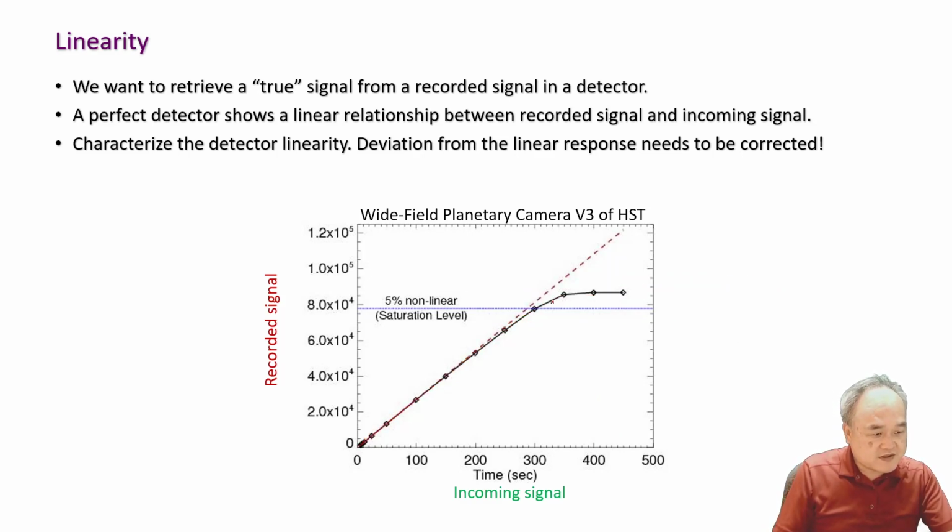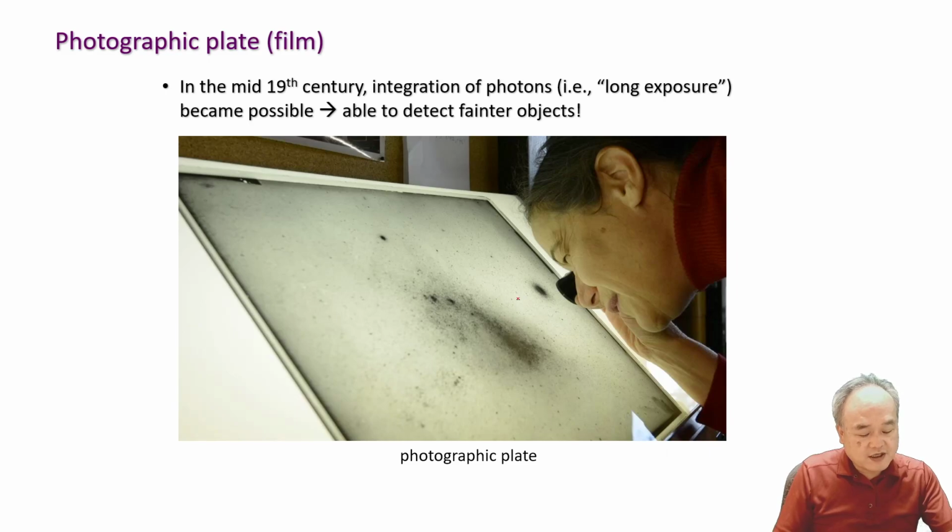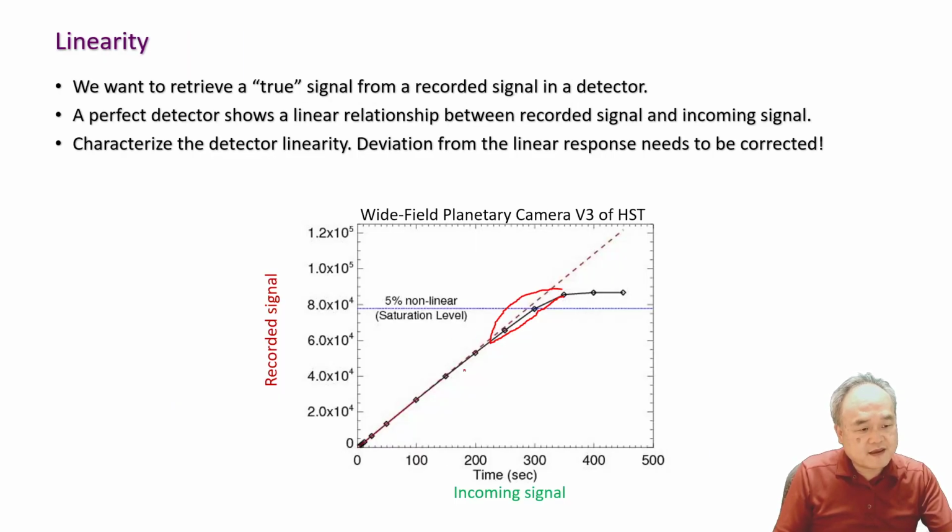But before the saturation level, the detector response starts deviating from the linear relationship. This is known as the non-linear domain of the detector.